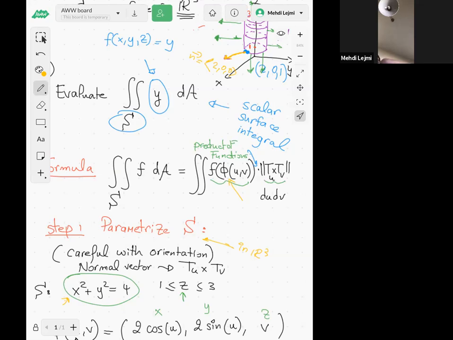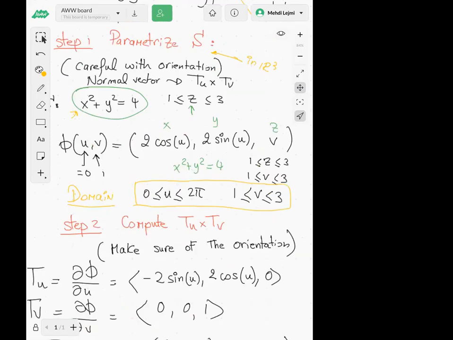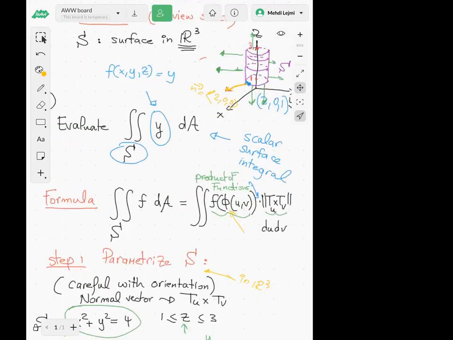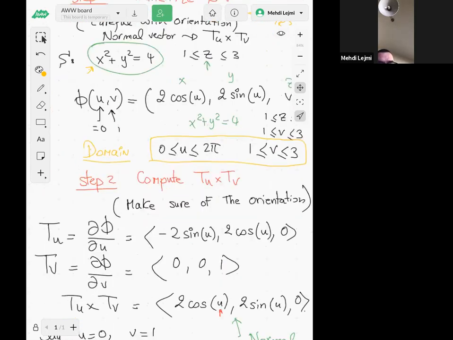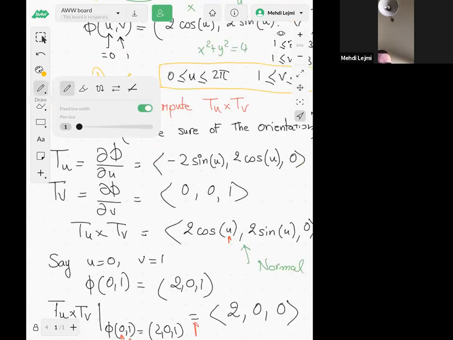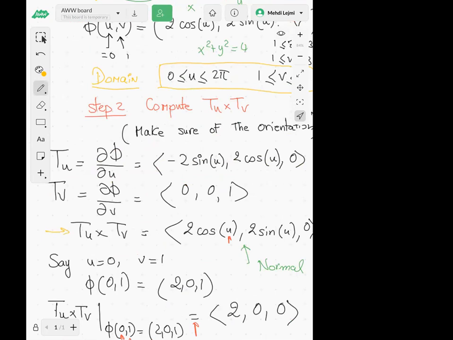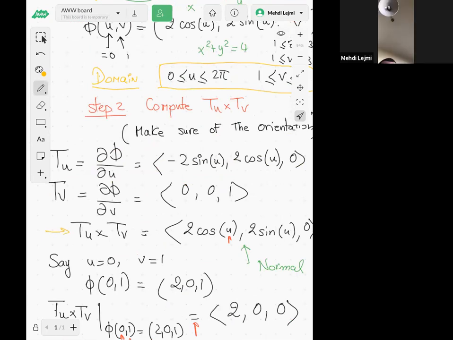Professor, how did you get 2, 0, 0? You see that here's my normal vector, right? T_u cross T_v. That's my normal vector, and I picked the point. Like I said, let's take for example the point where u is 0 and v is 1. It gives you the point 2, 0, 1.